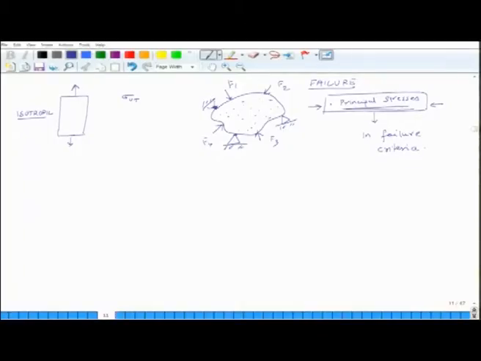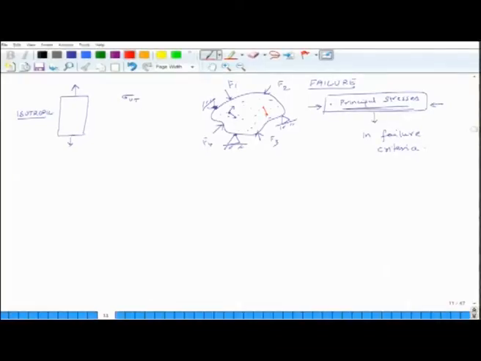Now, we can use principal stresses in the context of isotropic materials. The principal stresses may be in these three directions. Principal stresses are always normal to each other. So, at every point you will have a set of principal stresses.